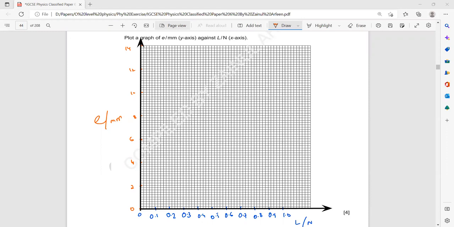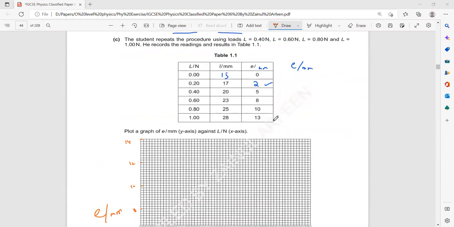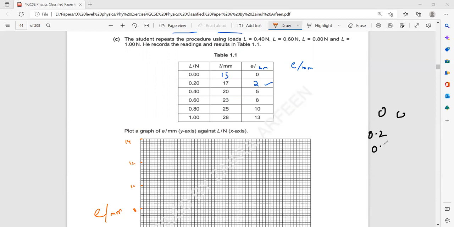I will rewrite the values here so I don't have to scroll. It is 0, 0, 0.2, 0.4, 0.6, 0.8, 1.0, and that is 2, 5, 8, 10, 13.